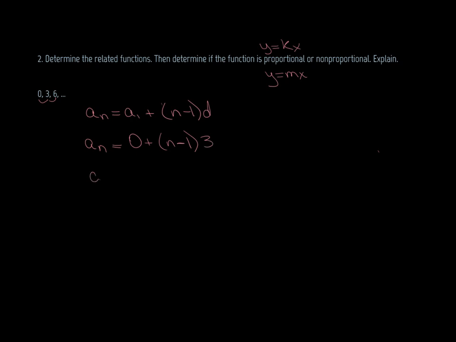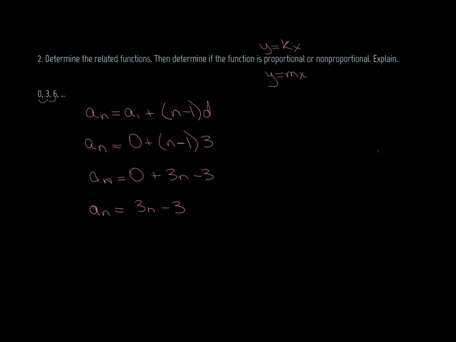All right, so I've got a sub n equals 0 plus distribute that 3, so 3n minus 3. Combine like terms: 3n, and 0 minus 3 is -3. Well, that would be my related function.